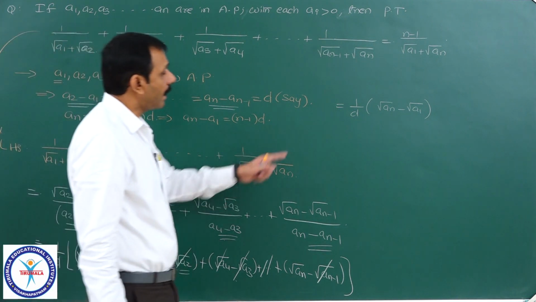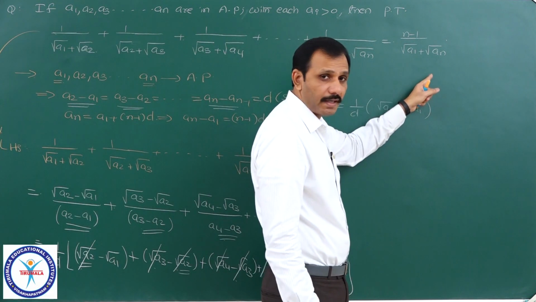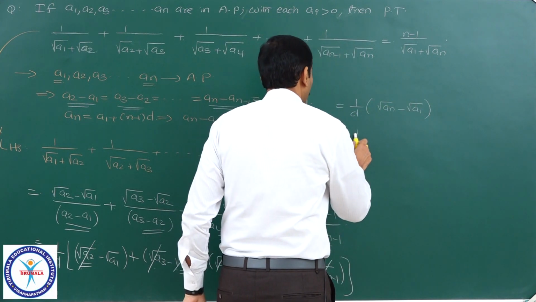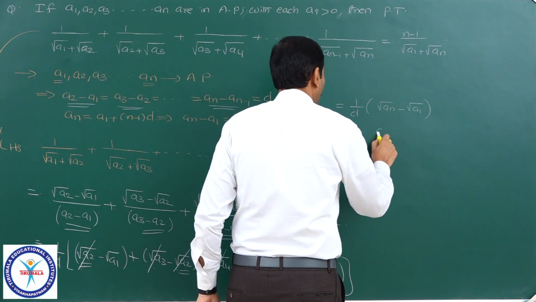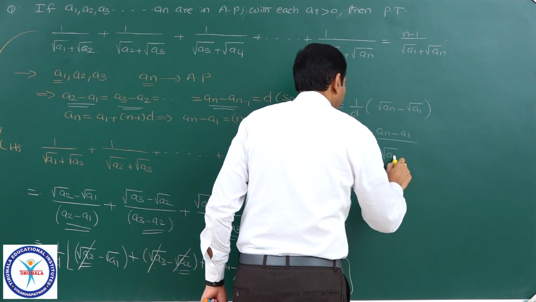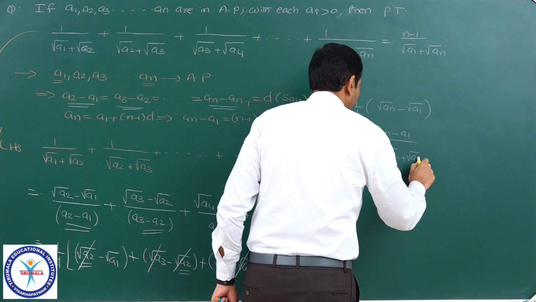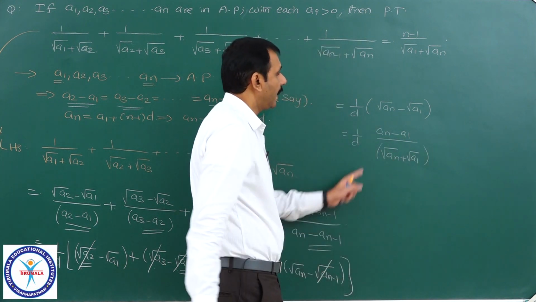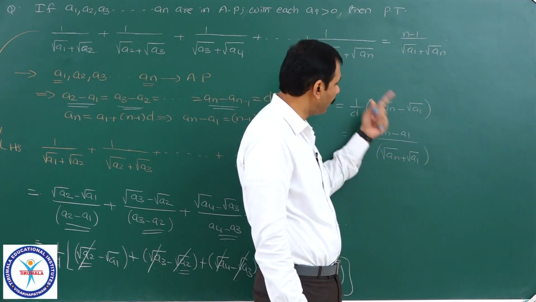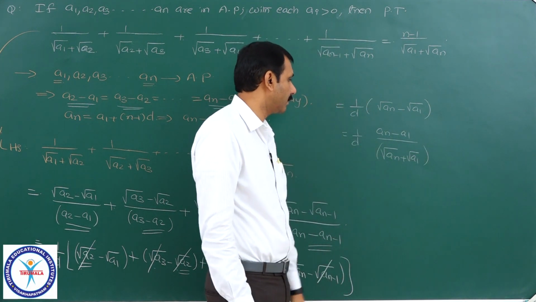Now because they are asking root a1 and root an in the denominator, I will again rationalize the numerator. It is equal to 1 by d times of an minus a1 by root an plus root a1. Hope you can understand. Again I am not writing root an plus root a1 by root an plus root a1, because we have done simple simplification only.